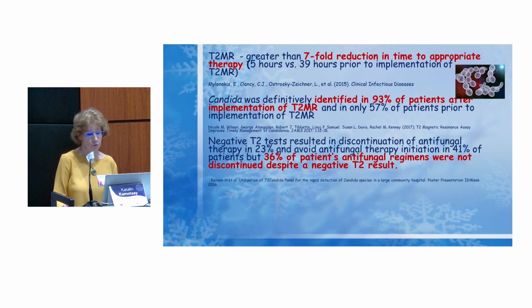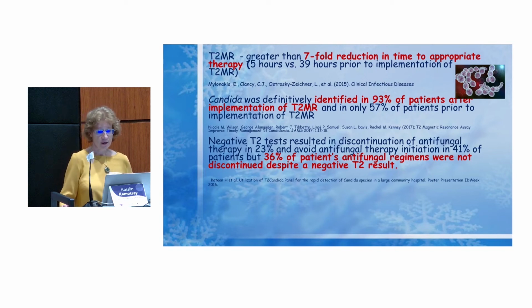But of course, doctors cannot rely only on something which is not traditional. So 36% of patients' antifungal regimens were not discontinued despite a negative T2 result. But the therapy was avoided in 23%, and the initiation was in 41% of patients.